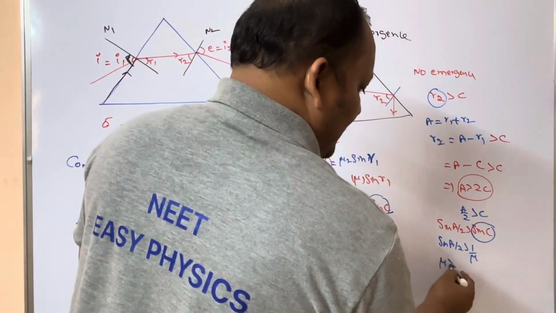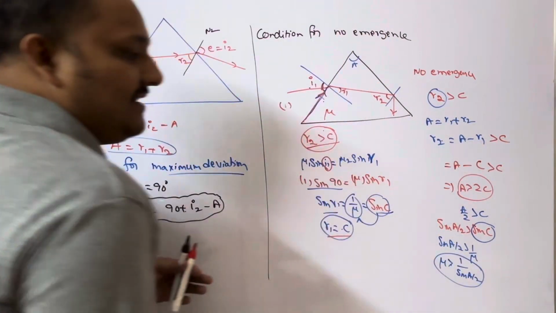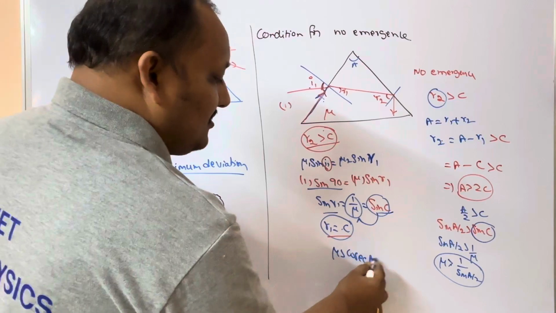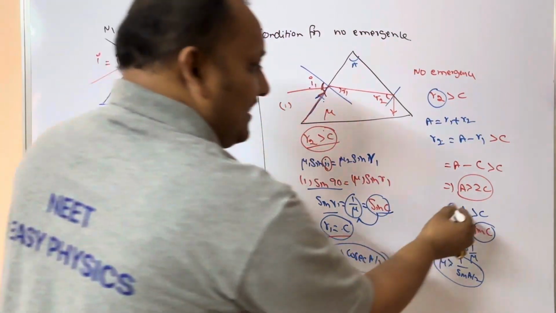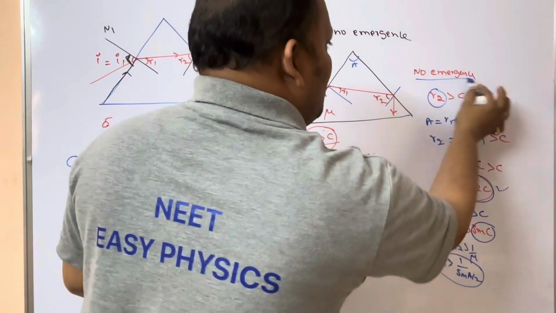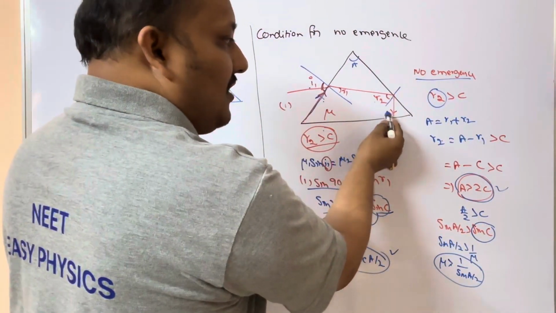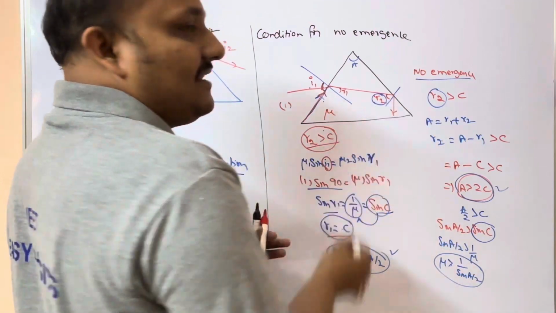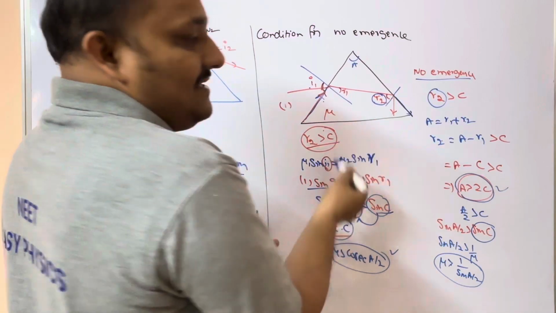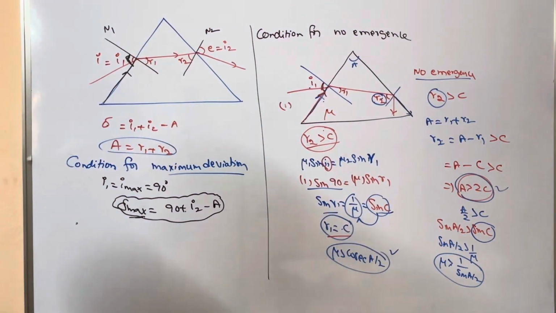So mu is greater than 1 by sin A by 2. 1 by sine is nothing but cosecant, so the refractive index should be greater than cosecant A by 2. Otherwise, A should be greater than 2C. These two are the conditions for no emergence. Whenever they give a problem, you should follow this condition: R2 should be greater than C. Sometimes they will ask that the ray should pass along the surface. At that time, R2 should be equal to C usually.